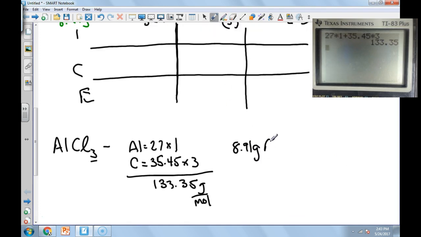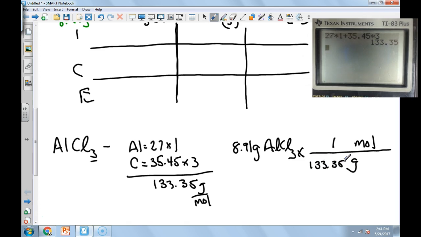It's 8.91 grams of AlCl3, and we're going to X-line this, and I always use the units first, so this is grams to moles, and now we're going to use the molar mass. For every 1 mole, there's 133.35 grams.